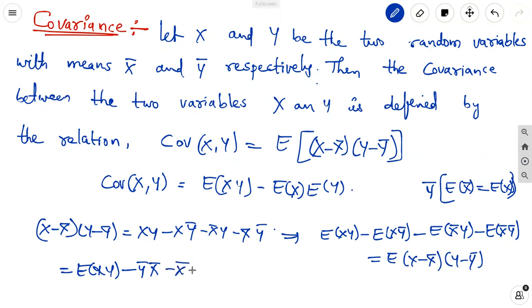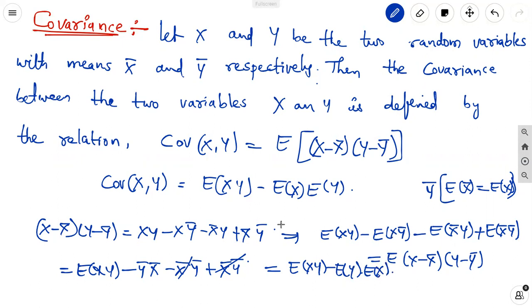Similarly, X bar is a constant and expectation of Y is Y bar. Minus into minus gives plus, and these terms get cancelled, so we are getting expectation of XY minus expectation of Y into expectation of X.